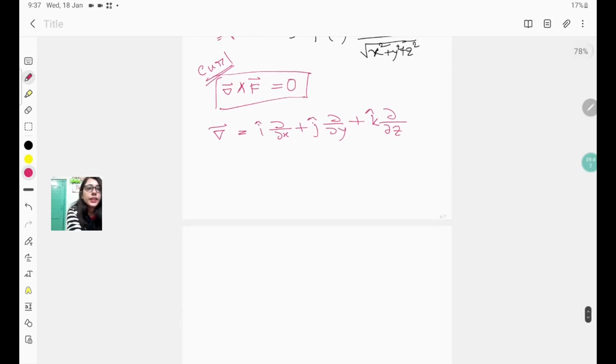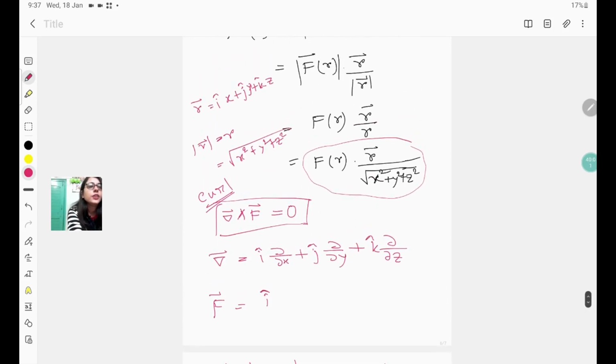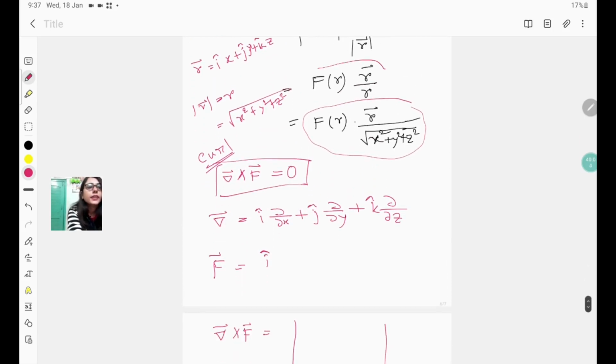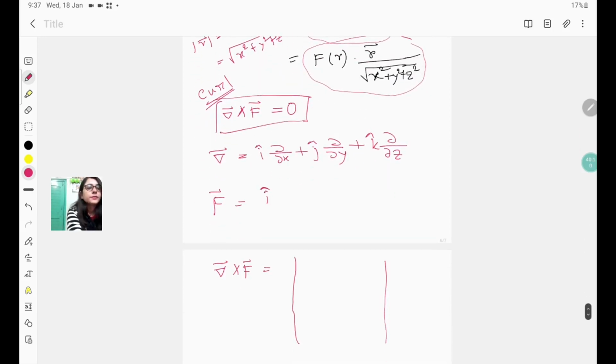Now, del cross F. If we are taking this del cross F in a matrix format, we need the value of F, which we already have written here. F vector is equal to F r into r vector by r, right?